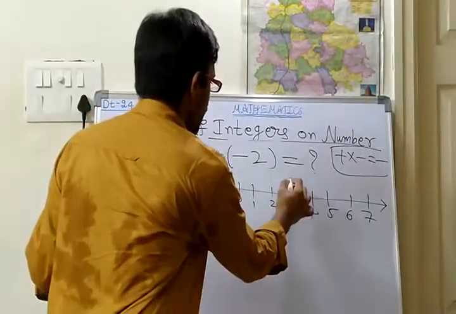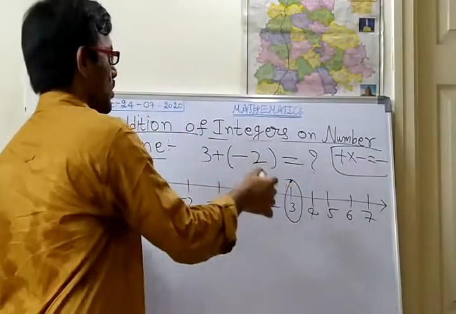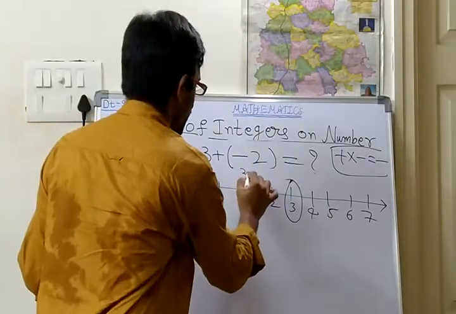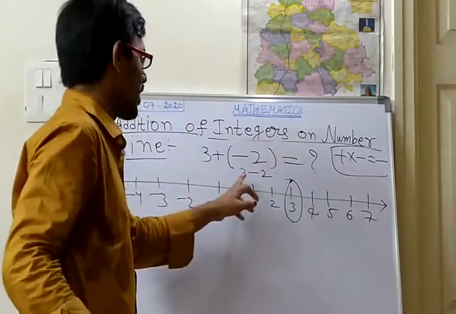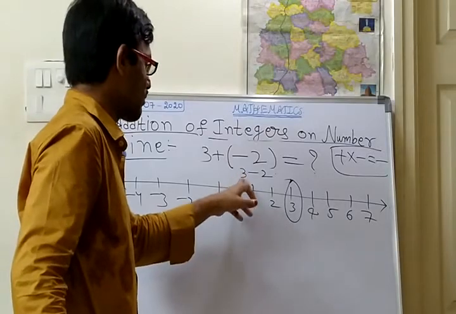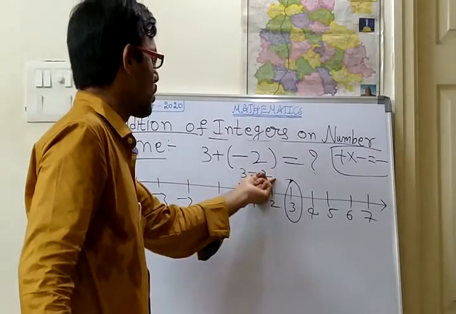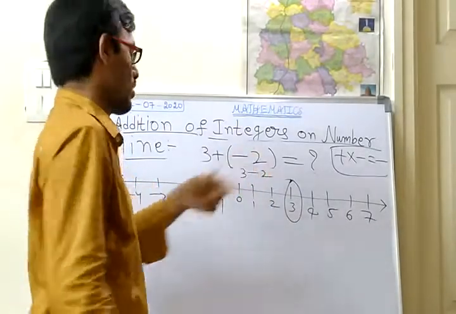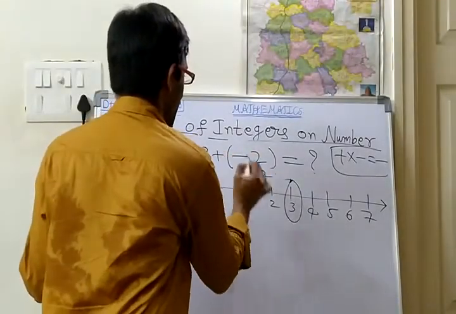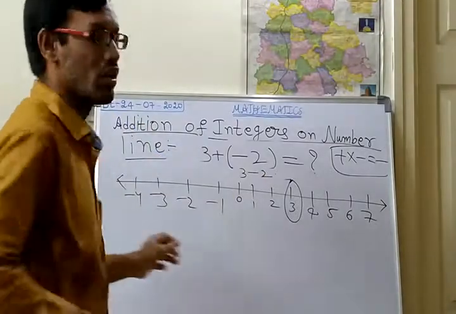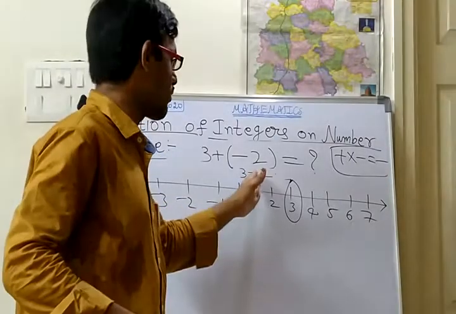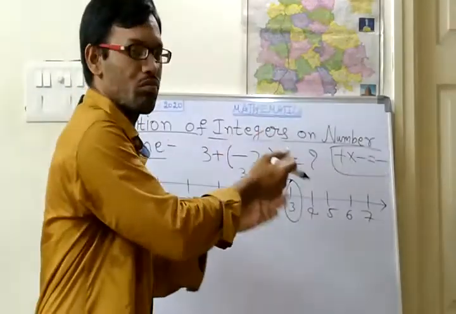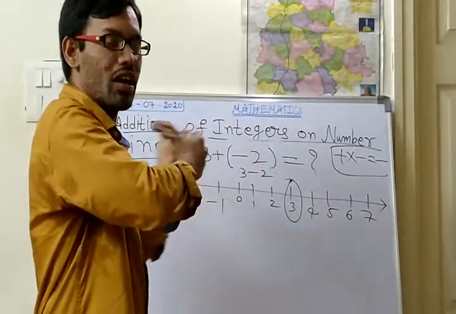Whenever you are subtracting, finally 3 minus 2 came. For this positive integer, you are simply subtracting a number, so the plus became minus here. At the time of subtracting, you should move to the left side, the left direction.